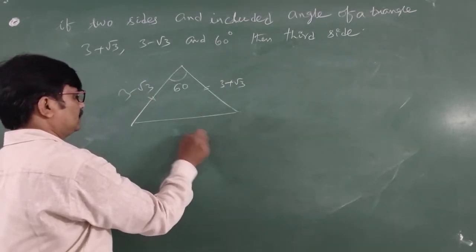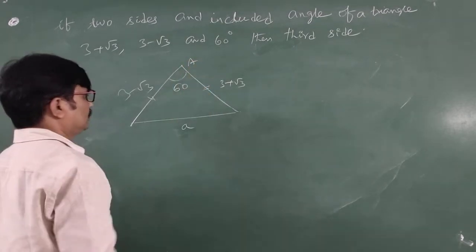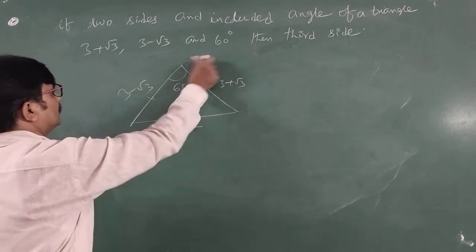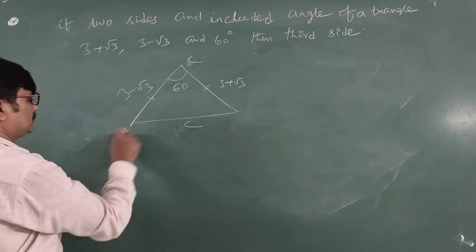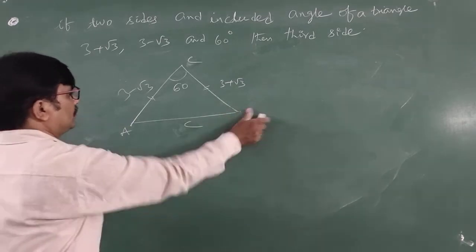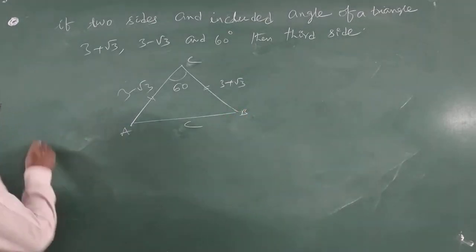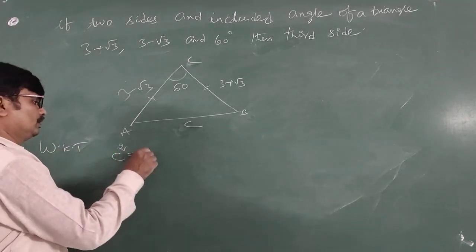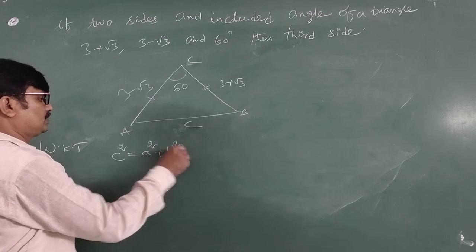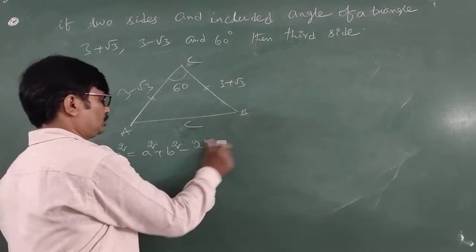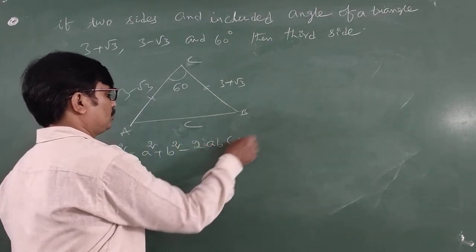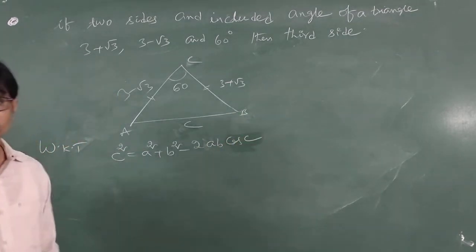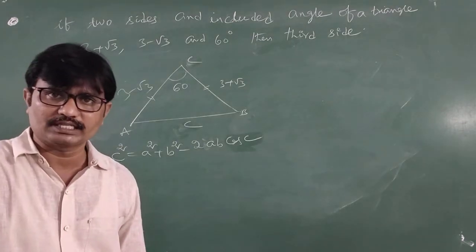Now we find the third side, suppose this is capital A, this is capital B. Now students, everybody knows that from the cosine rule, C square equals A square plus B square minus 2AB cos C. This is C square equals A square plus B square minus 2AB cos C.